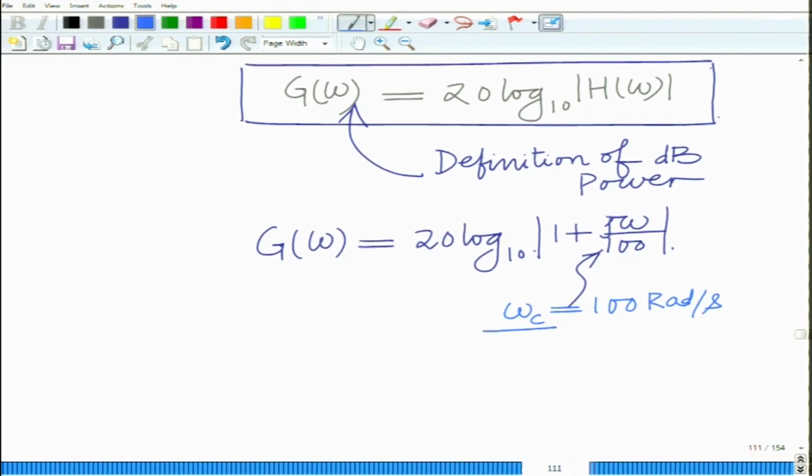This is termed as the corner frequency, and the reason for that will become apparent.